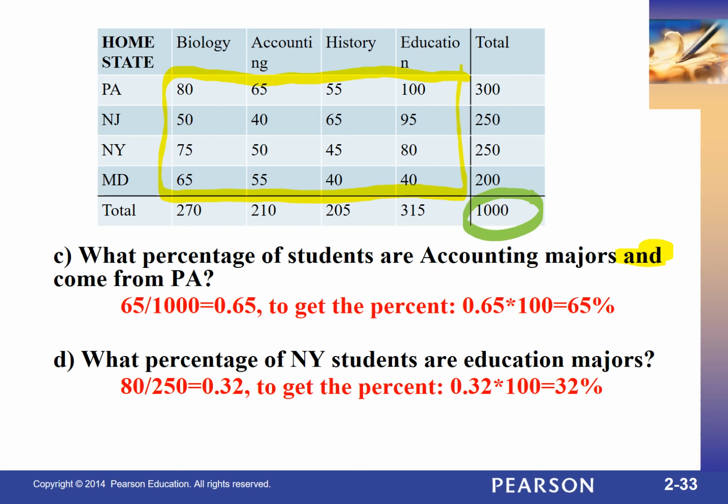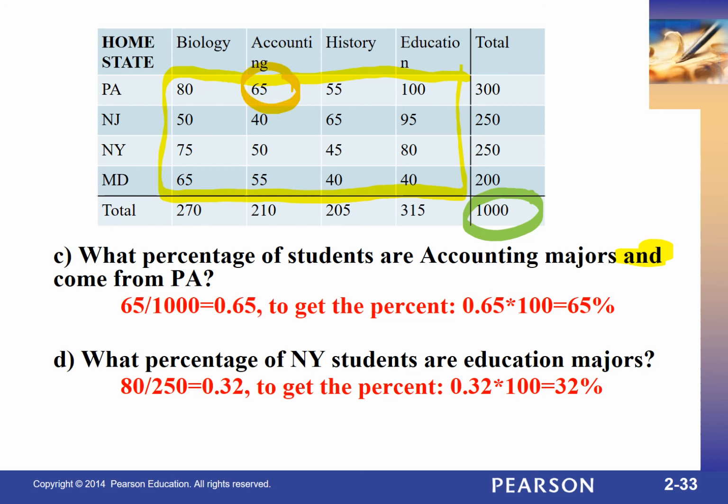So if you're looking for, is this a joint probability or a joint distribution, that's how you're going to find them.